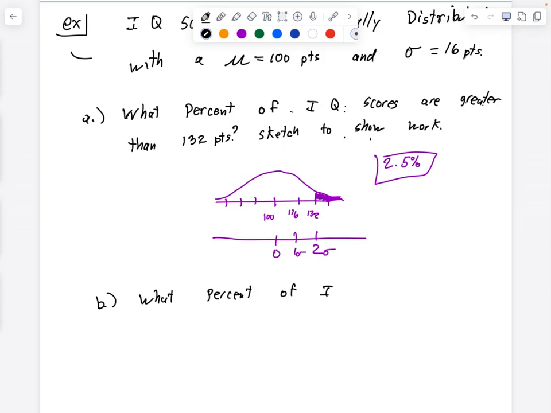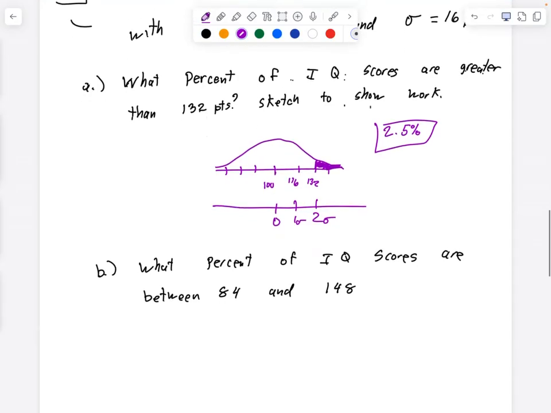Okay? So now we can use the visual. There are 2 ways you can do this. You can just add up each individual slice if you want to, or we can use the 68, 95, 99.7. Which one do you want to do? Or a combination of both?